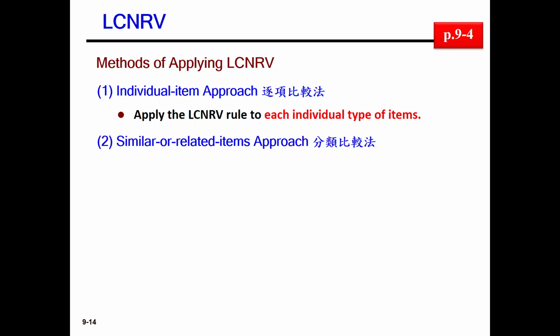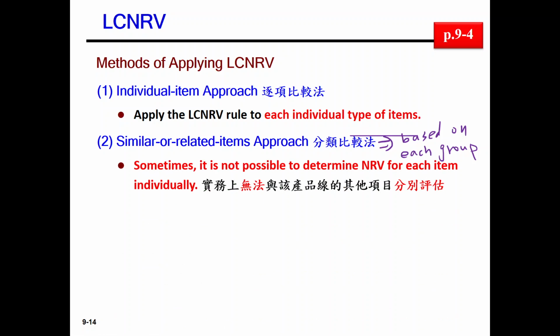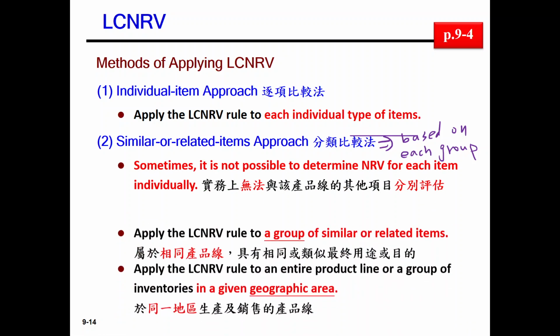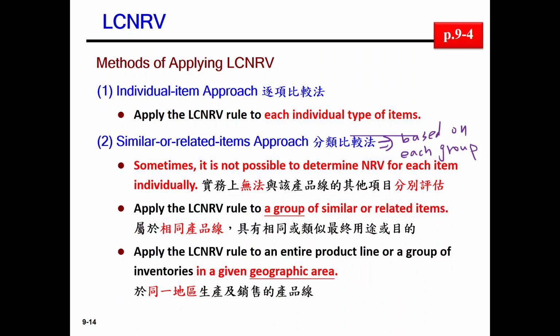Okay? We also have the second way to find out our LCNRV. Similar or related item approach means what? Based on each group. So not each item, based on each group. Okay? The group could be similar products.